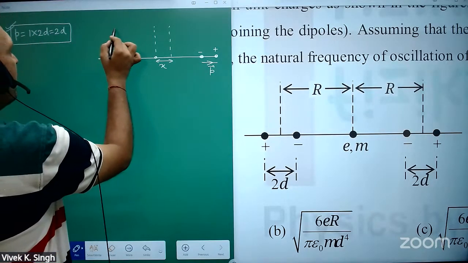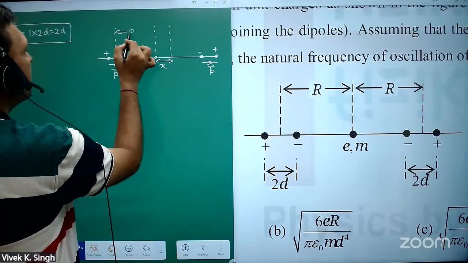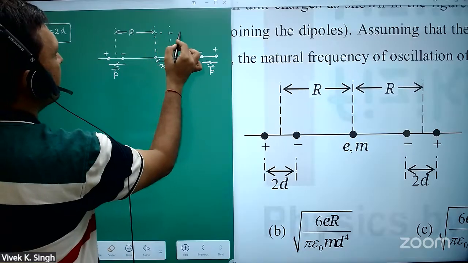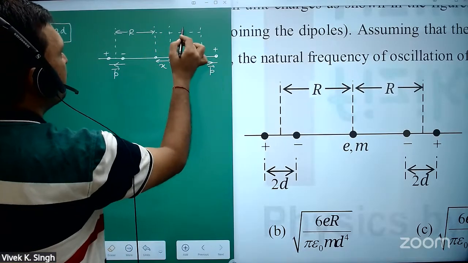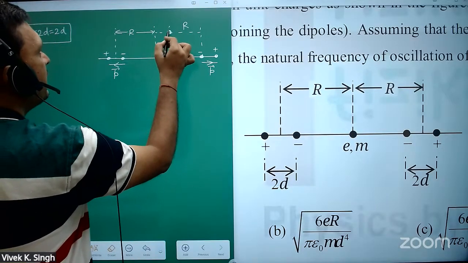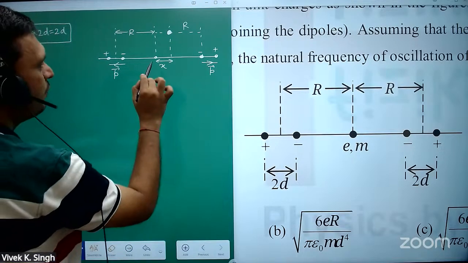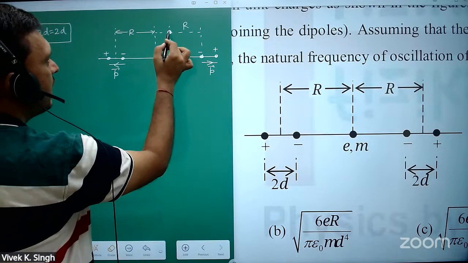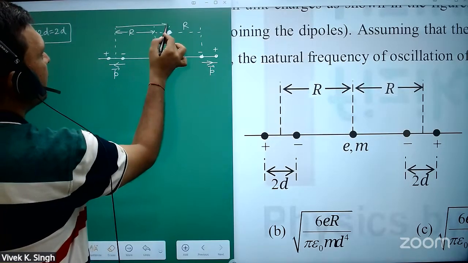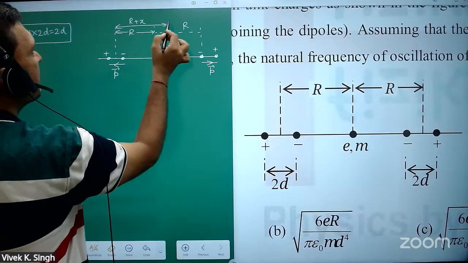It is given that this distance will be r, and in the equilibrium position, this distance is also r. So when you displace it, let's say at this point, you have displaced the charged particle slightly by a distance x. From the center of this dipole, this distance will be r plus x.